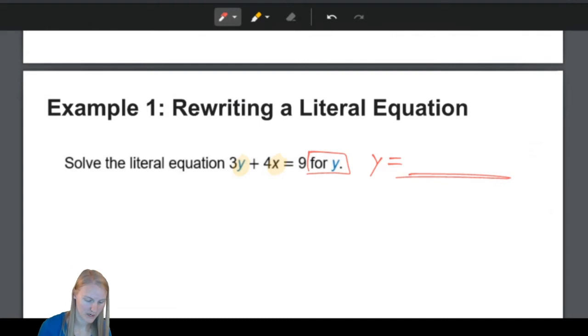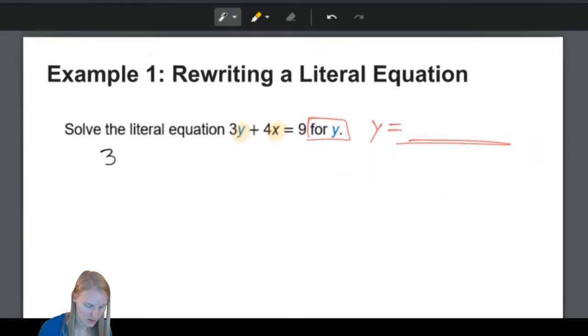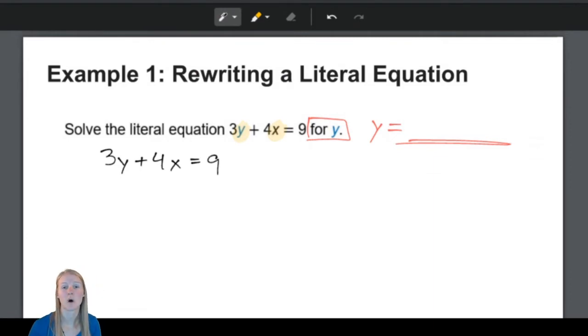So the way that we are going to do this, let me rewrite this equation. We have 3y plus 4x equals 9. We want the y all by itself. So we're going to move everything away from the y. I'm going to draw my line down the equal sign.